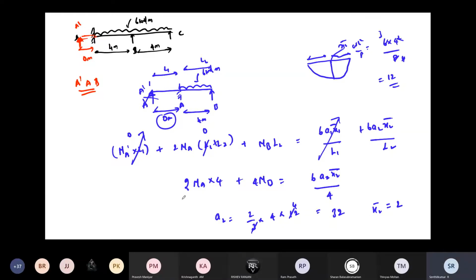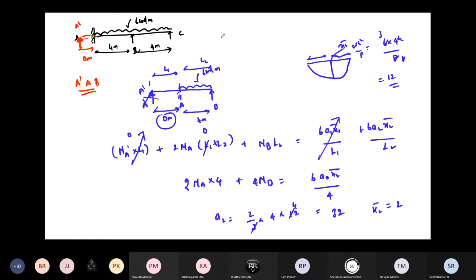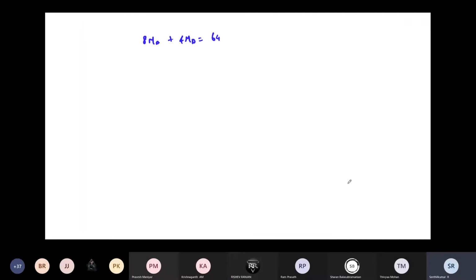Finally your equation becomes 8 MA plus 4 MB equals 64 into 6 by 4, which is 96. So 8 MA plus 4 MB equals 96. This is equation 1.